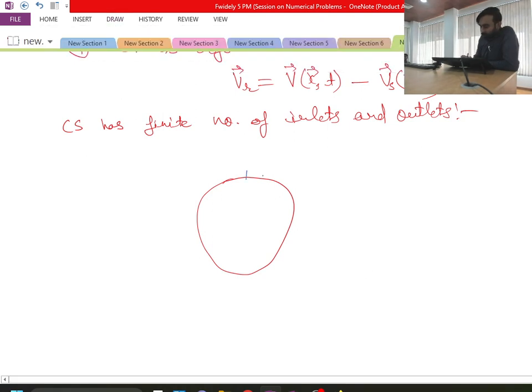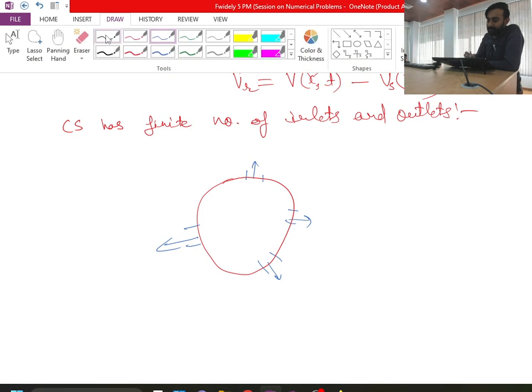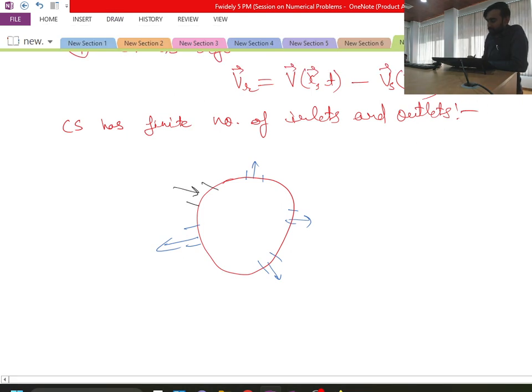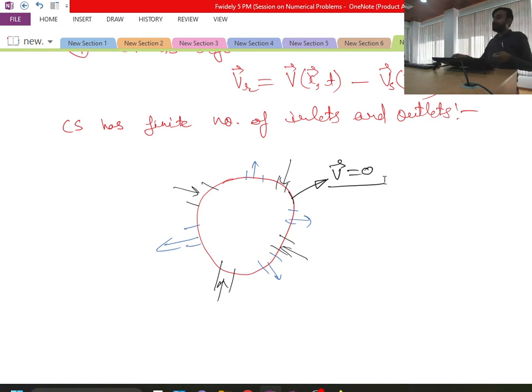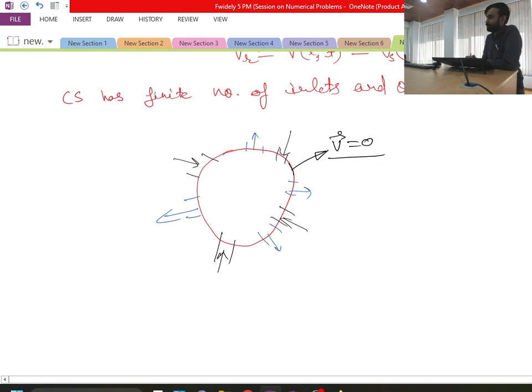All these blue colored portions which I have shown represent the outflow. Similarly, these black colored portions represent the inflow. So I now have multiple inlets and outlets over the control surface. Only in these portions do we have velocity. Other than that, in whatever portion of the control surface there is, the velocity vector is equal to 0. So it means I have a finite number of inlets and outlets on the surface. Then what will be happening? Can you tell me?